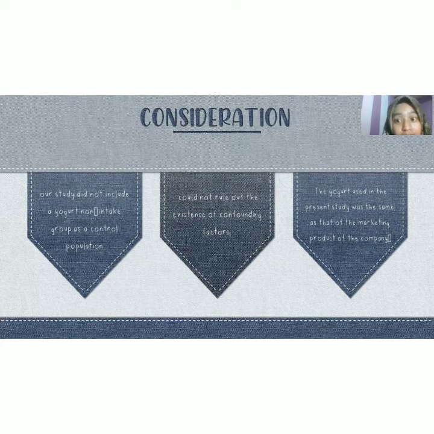And then the last one, the yogurt used in the present study was the same as that of the marketed product of the company. Thus, we were not able to measure the number of bacteria included in the yogurt. However, the cell counts of Lactobacillus bulgaricus and Streptococcus thermophilus in the yogurt were standardized by Meiji Co., Ltd.